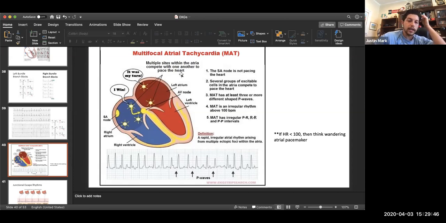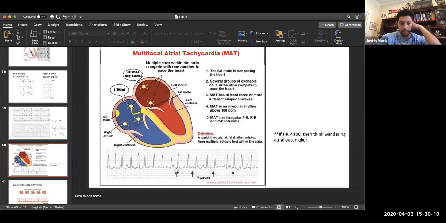So what findings would we expect on the EKG? We would expect P waves that all look different, because now we don't have smooth P waves coming from the SA node. They're coming from all over the place. Some of them are going to be wider, some skinnier, and there could be blips in the P waves.